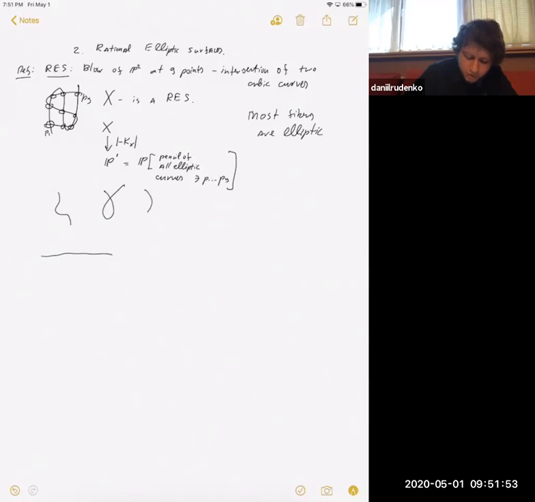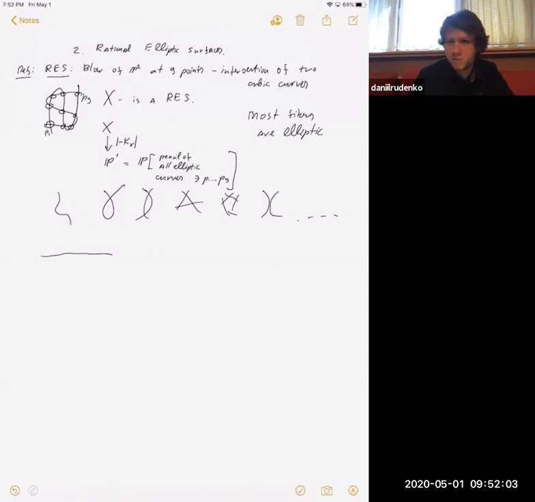There are nodal degenerations, then reducible degenerations, cuspidal, and so on. There is a huge list, which is completely known. For me, the most important type will be the one where there are 2 rational components intersecting in 2 points. It's called an I2 fiber. The nodal one is called an I1 fiber.